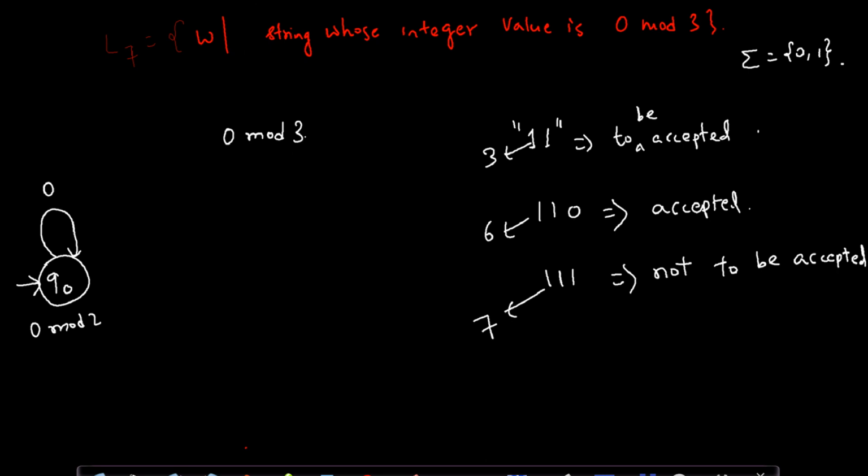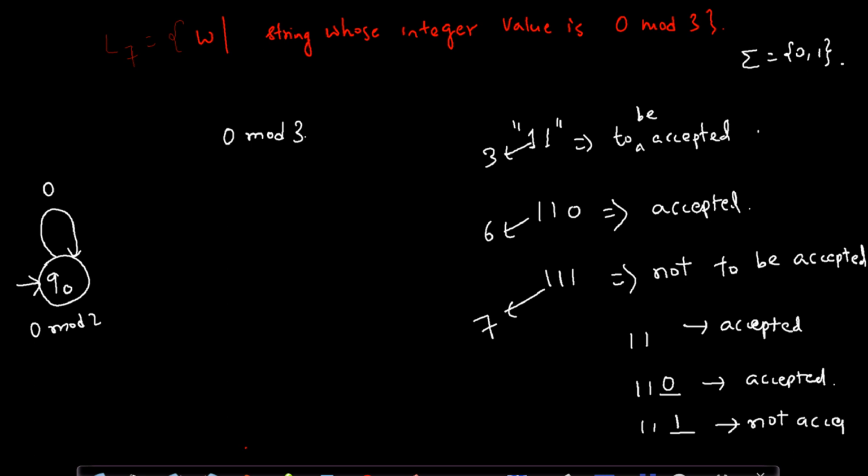Before I go further on constructing the DFA, let's look at an observation here. 1 1 is a binary string, and this is accepted by the DFA. After 1 1, you get 0, and it was accepted. And after 1 1, you get 1, and this was not accepted.